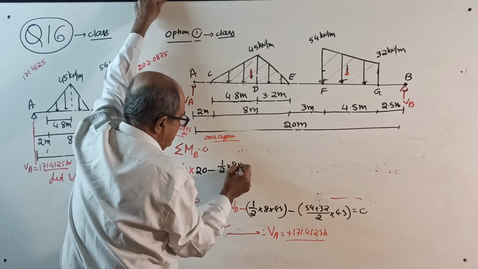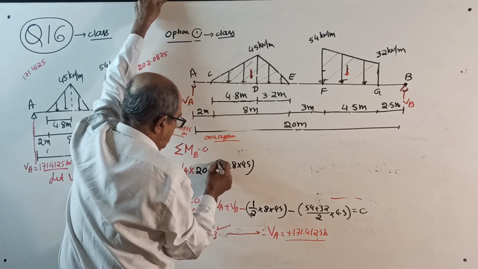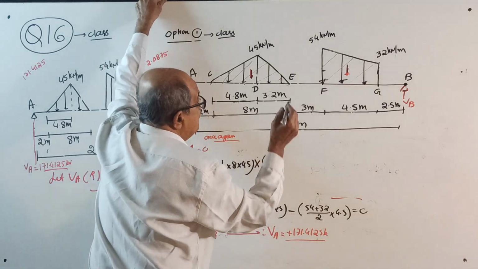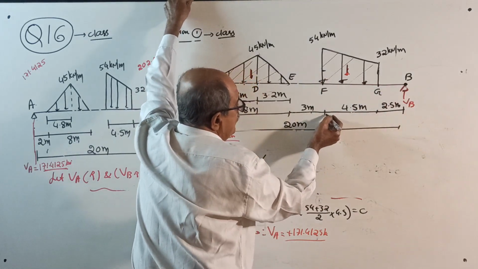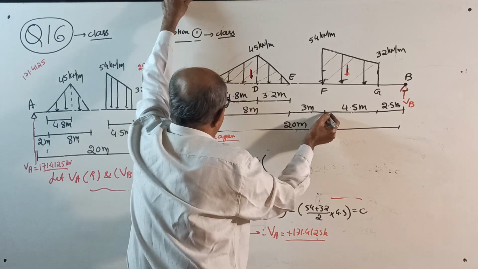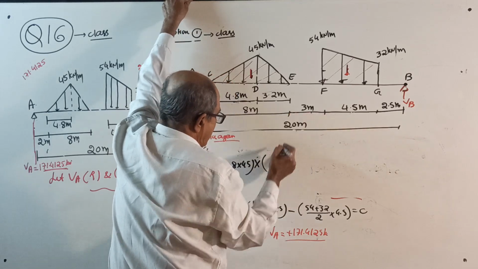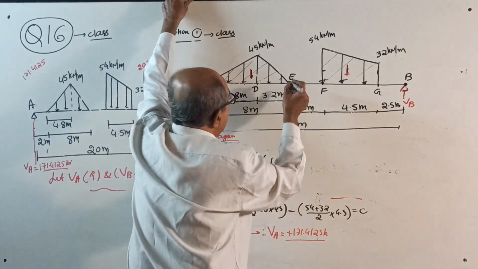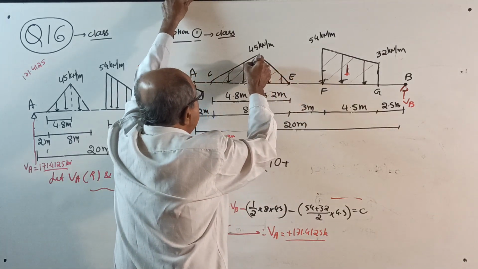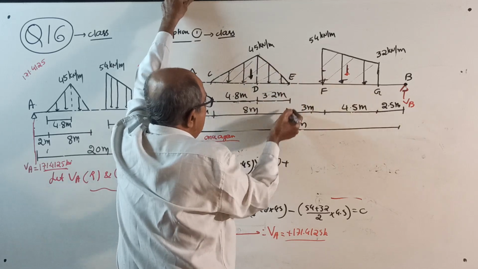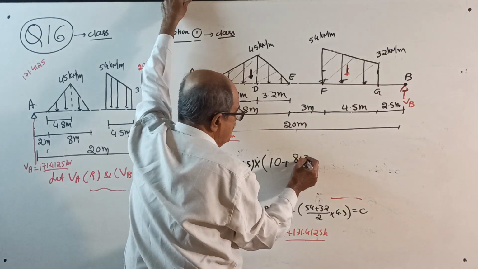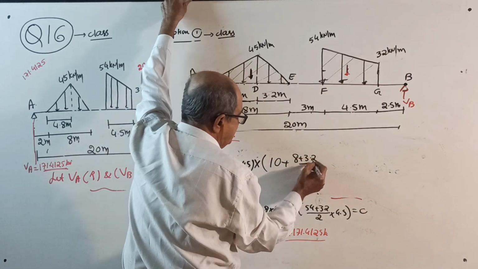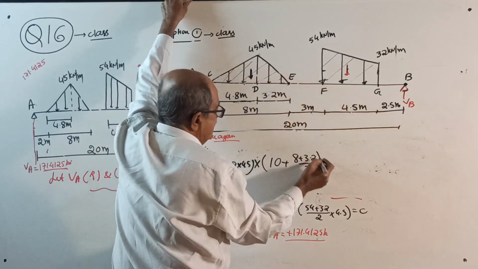Half into 8 into 45 is the total load, multiplied by moment about B, which is 2.5 plus 4.5, that is 7. 7 plus 3 is 10. 10 plus from here to the line of action of this load is 8 plus 3.2. It is all explained for you. 3.2 divided by 3, that is this distance.